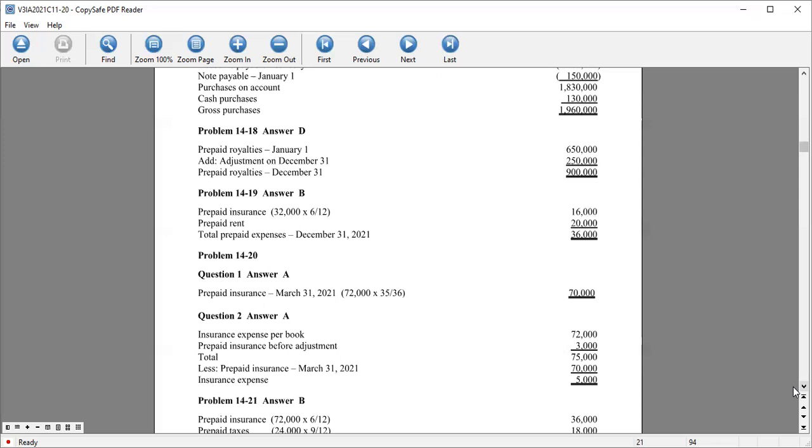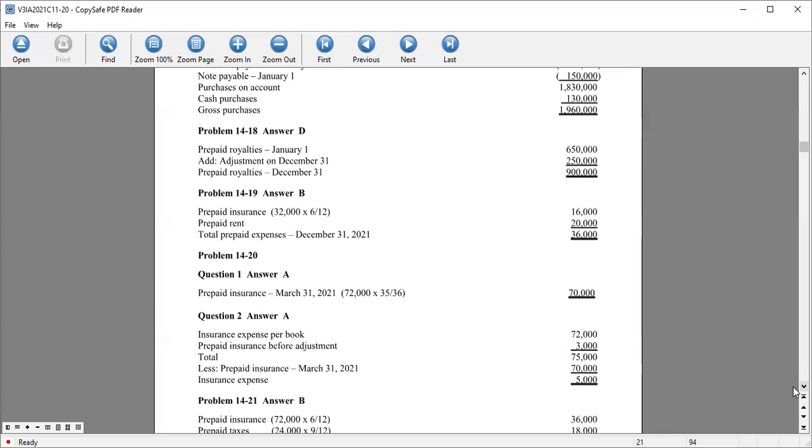Next is question number 2. What amount should be reported for insurance expense for the 3 months ended March 31? So that's after the regular year end, this time it is March 31. So in problem number 20, question number 2, what amount should be reported for insurance expense for the 3 months ended March 31, 2021?